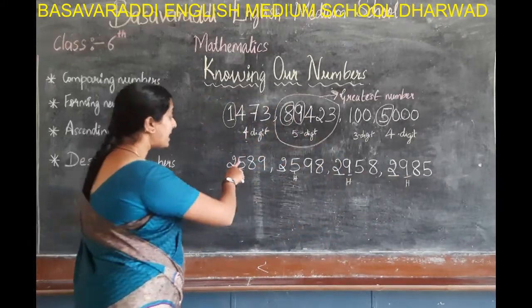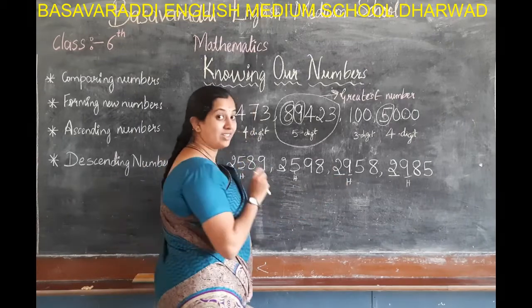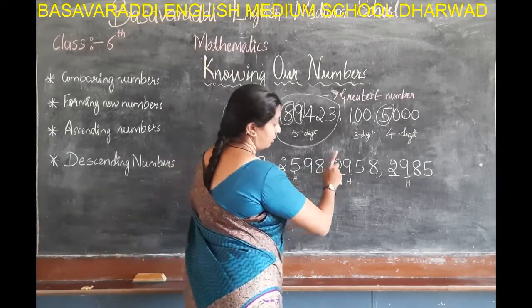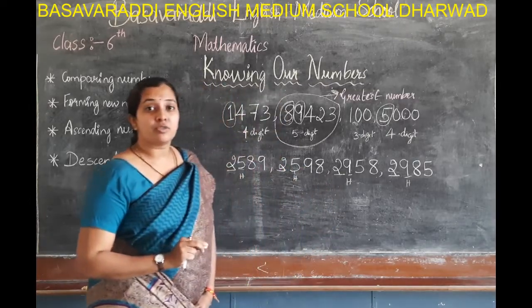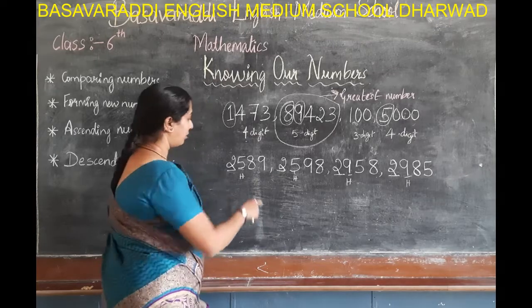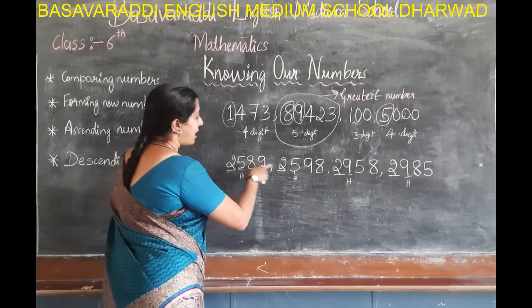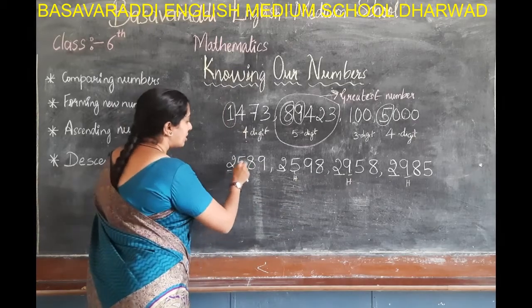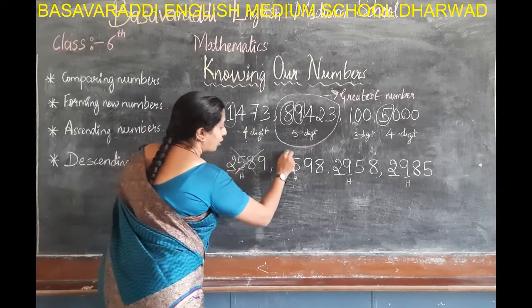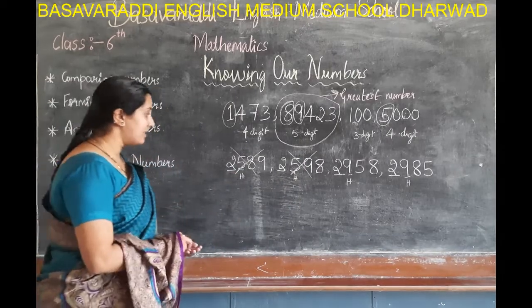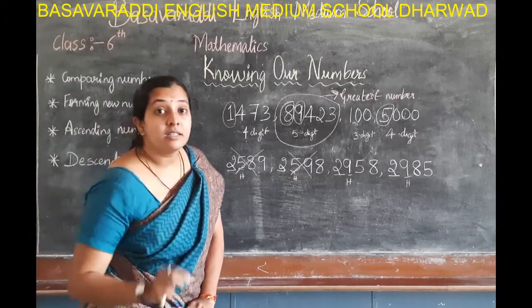So when we compare 5 and 9, which is greatest? 9. Obviously 9. So now what conclusion we came to know? That these 2 numbers are not the greatest number, because in hundreds place we have 5 here, but here we have 9. They cannot be considered as your greatest number.